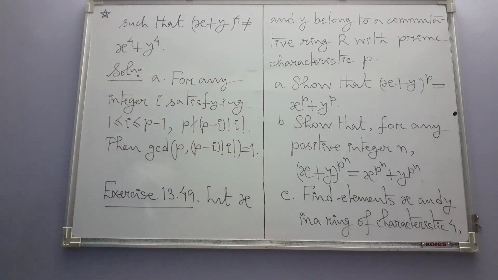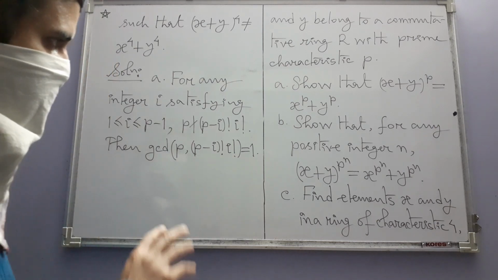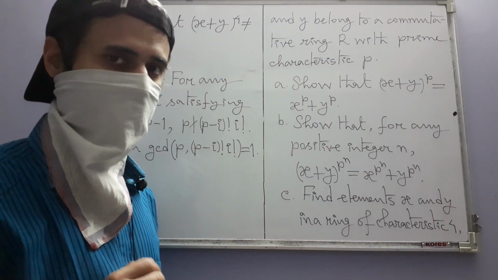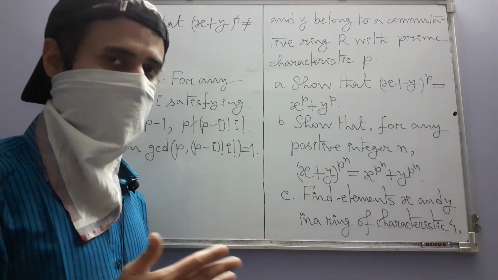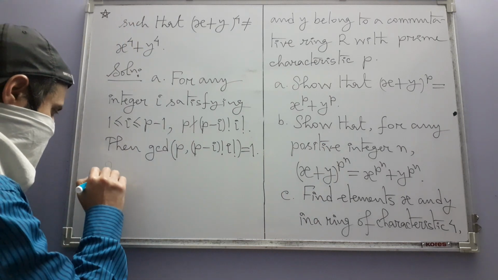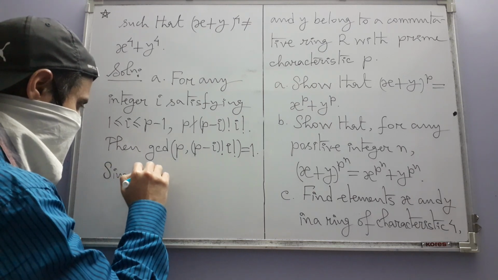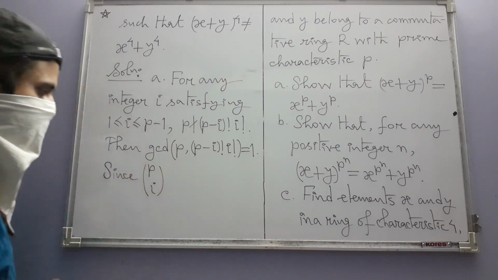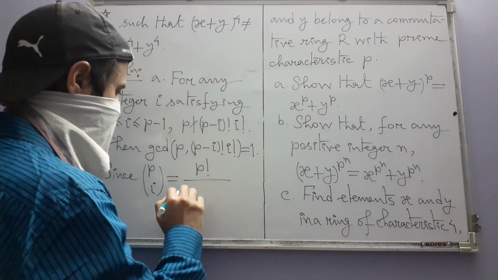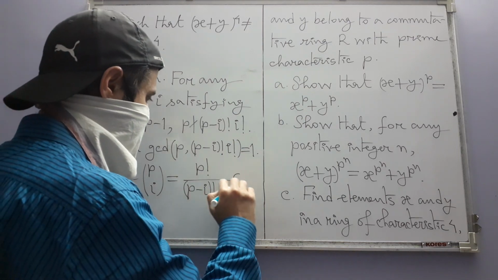Okay. Now we will consider a binomial coefficient, because we want to know how the binomial coefficients are going to behave in this ring, since if we expand this using the binomial theorem, binomial coefficients are going to be there in that expansion. Now this binomial coefficient P choose I, which we know is P factorial divided by (P minus I) factorial times I factorial, is an integer.